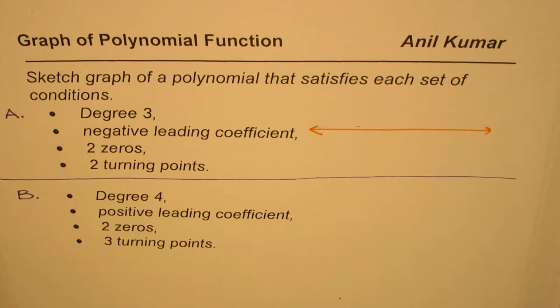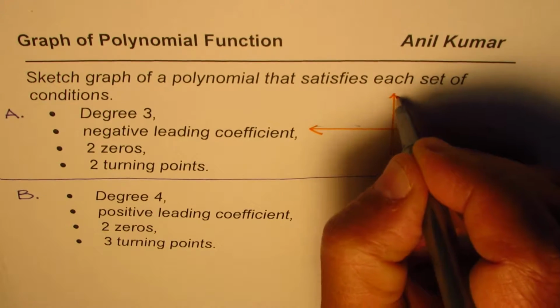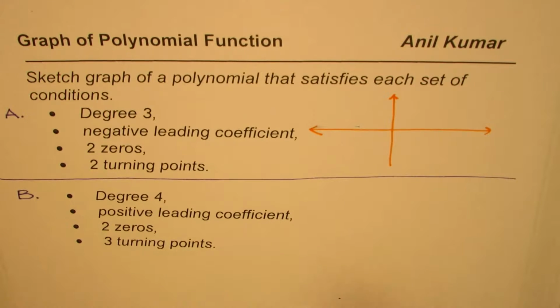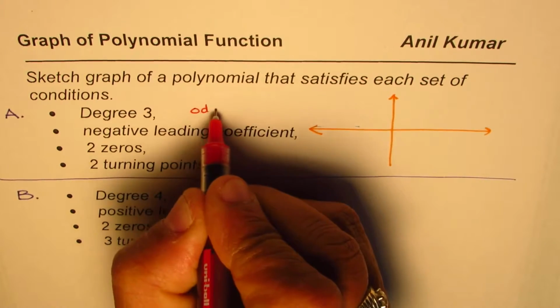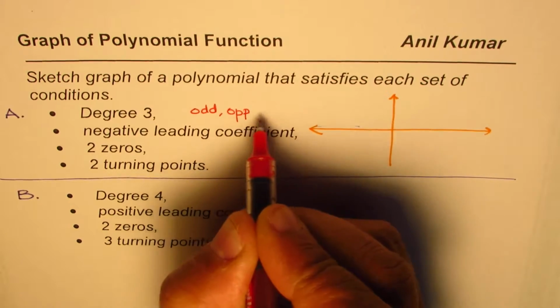It helps. Okay. Now, we are saying degree 3, and let's say this is our y-axis. When we say degree 3, it means that the function is an odd degree function, correct? So we are looking for an odd degree function, degree 3. That means opposite ends. That is the end behavior.